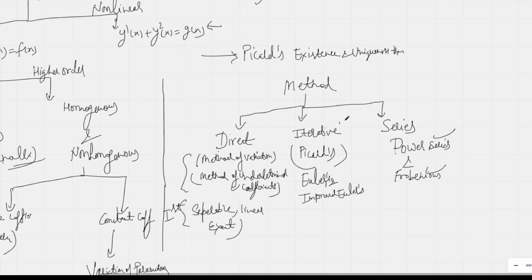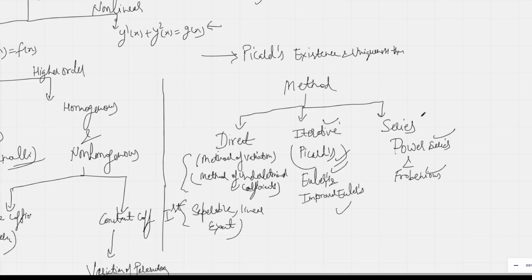In the iterative method, we get the approximate solution, not the exact one. In which we have Picard's approximation method, the Euler method, and the improved Euler method. The direct method is only for a restricted class. We have special cases where we can directly solve it, and to solve in a more general setting, we have the iterative methods, where we get the approximate solution.